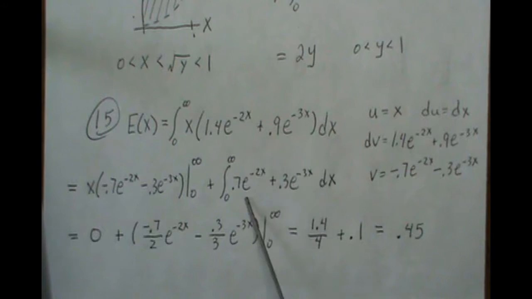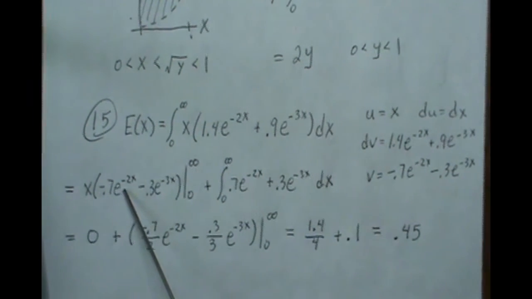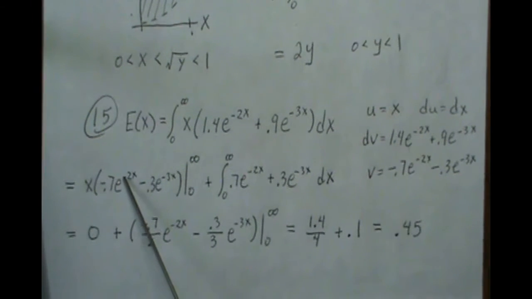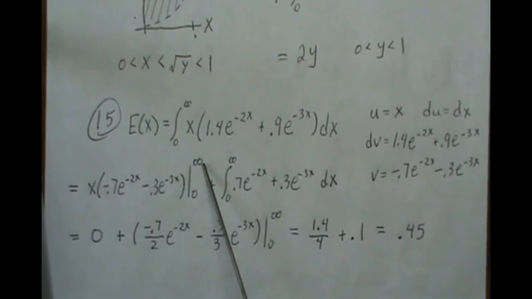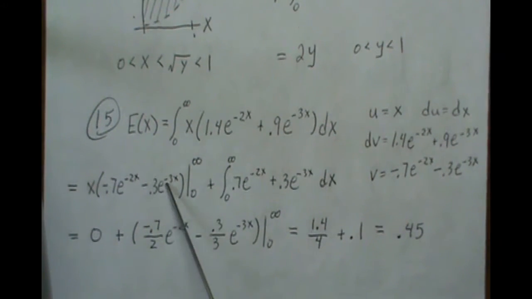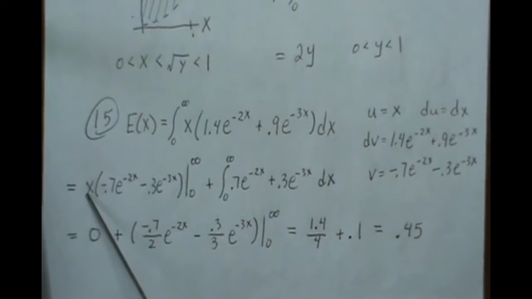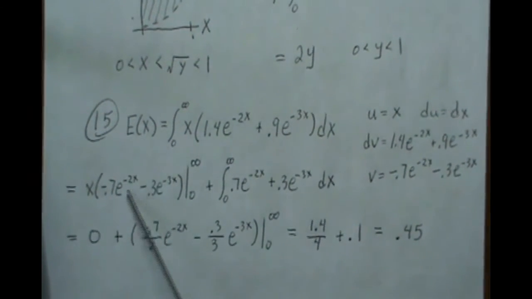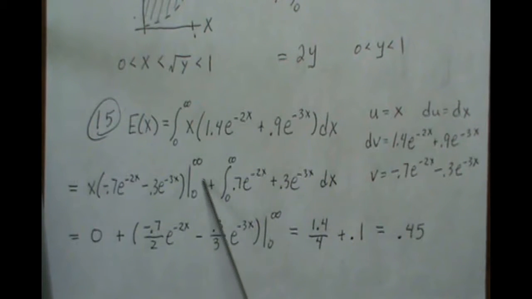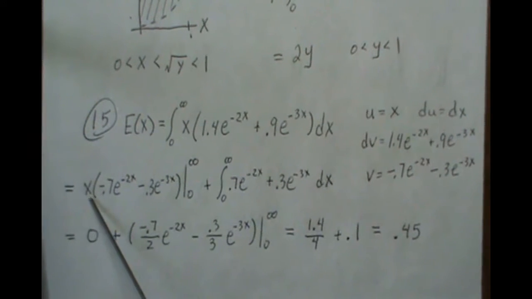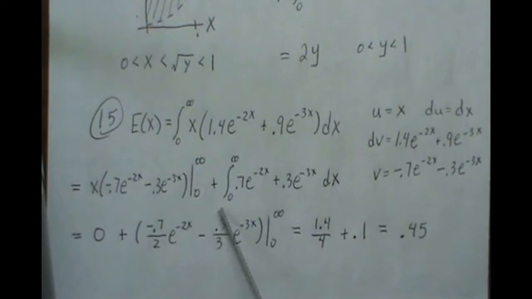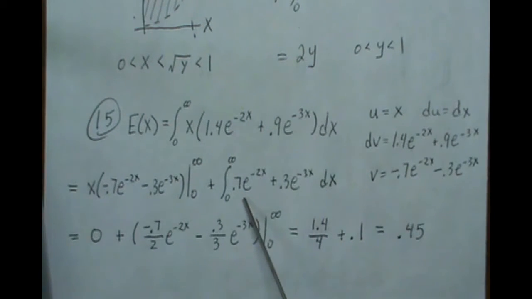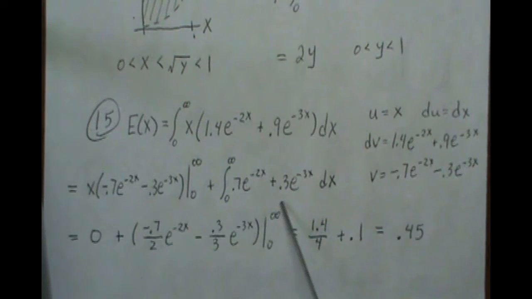So we get this. Now, these exponentials here with the negative exponent, when you evaluate it at infinity, those will dominate this x. So this number goes to 0 when you plug in this. And when you plug in x equals 0 there, you get 0. Goes away.